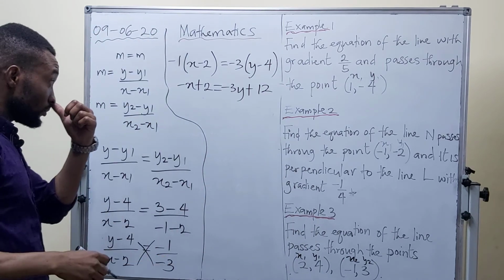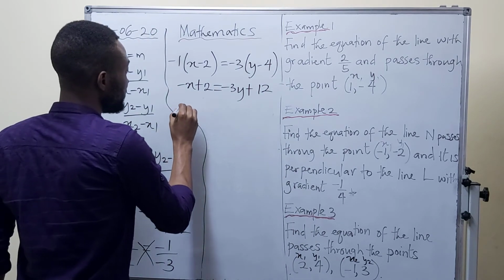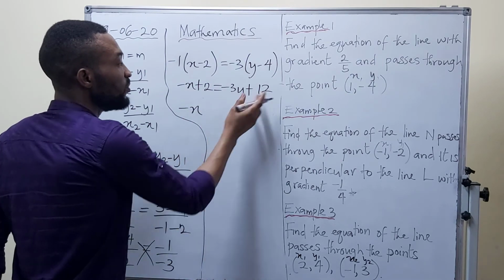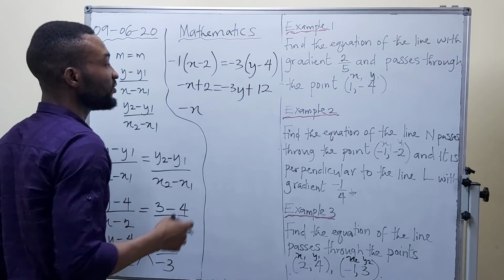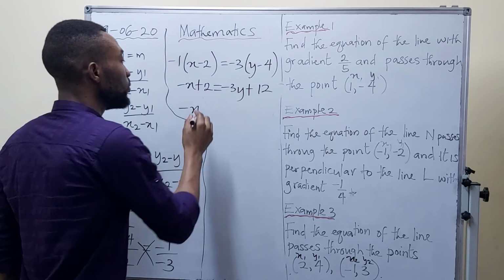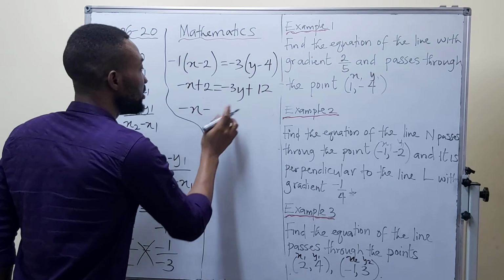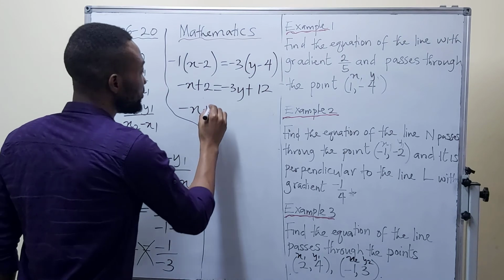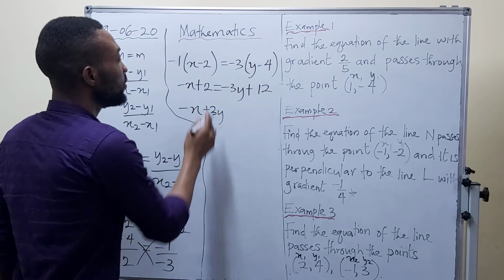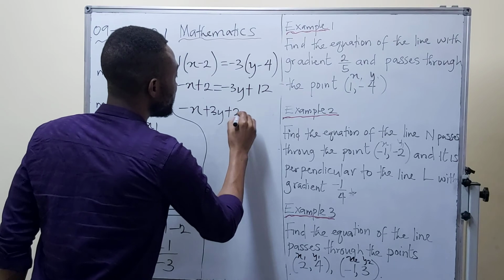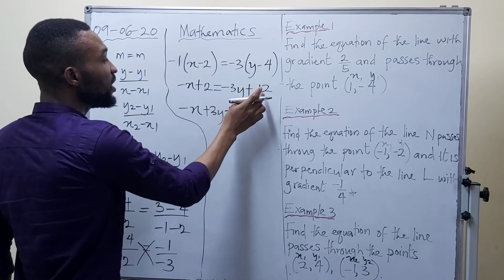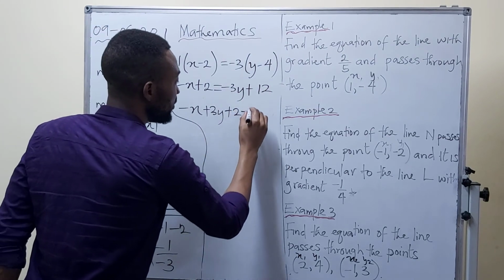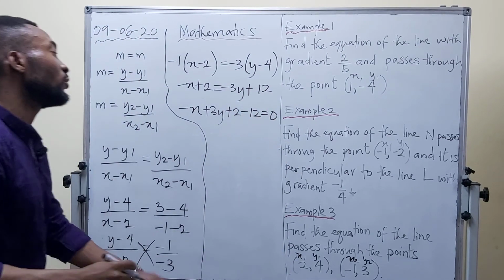So here we go. I still have my minus x here, like I told you, x will come first, and we bring the remaining values in, so we equate everything to 0. Then this minus 3y will come in and become plus 3y. Then I have this plus 2 here, and then I bring this 12 in. If plus 12 comes in, it will always be minus 12, everything equal to 0.